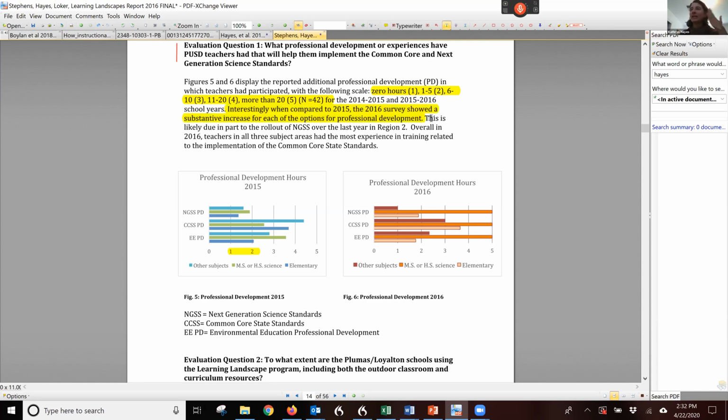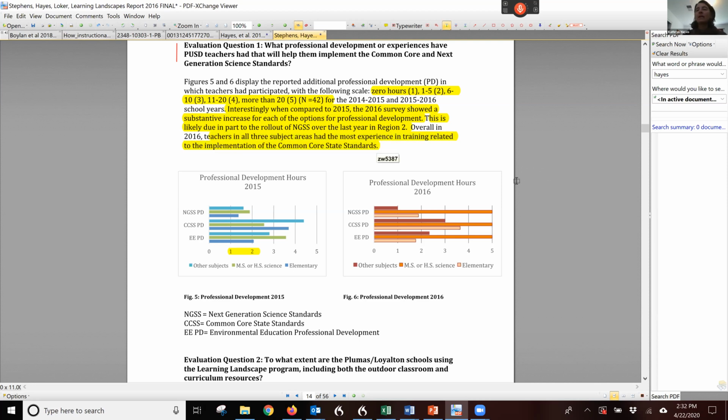And then we give a likely reason. This is the claim evidence reasoning part of things. It's likely due to the rollout of NGSS. And then kind of another overarching claim based on the evidence. Teachers in all 3 subject areas had the most experience and training related to Common Core.